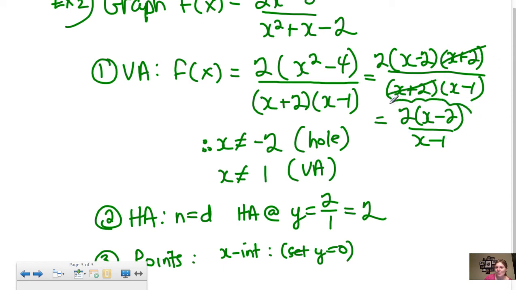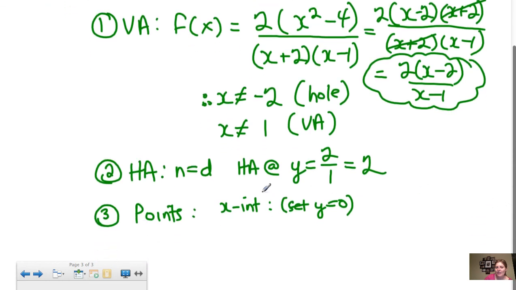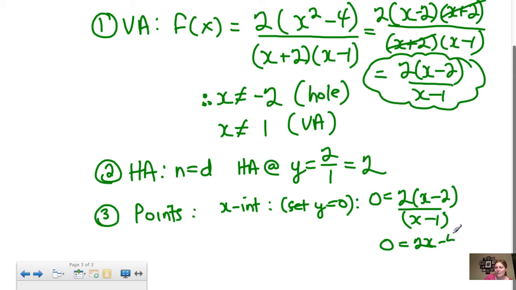Okay, so my x-intercepts, I set y equal to 0. So what I've got then is 0 is equal to 2 times x minus 2 divided by x minus 1. If I want to solve for x, I'm going to multiply both sides by x minus 1. And so I'm going to be left with 0 is equal to 2, and I'm going to simplify over here, x minus 4.